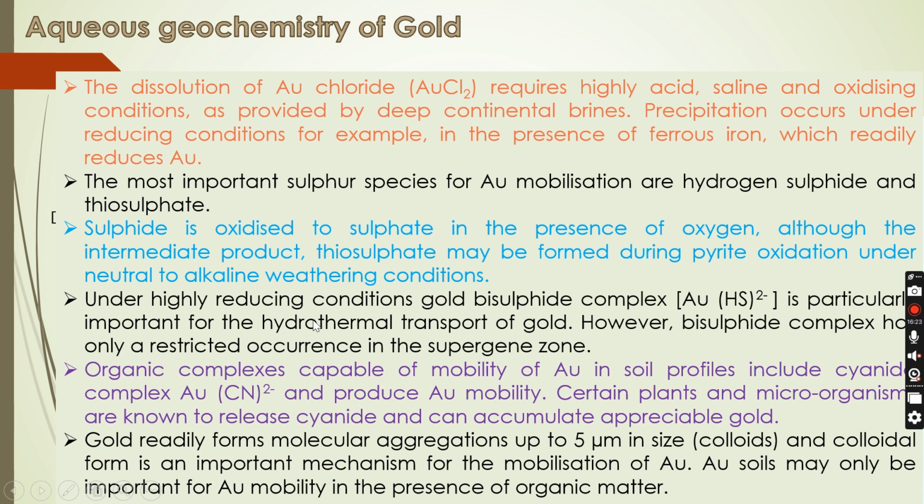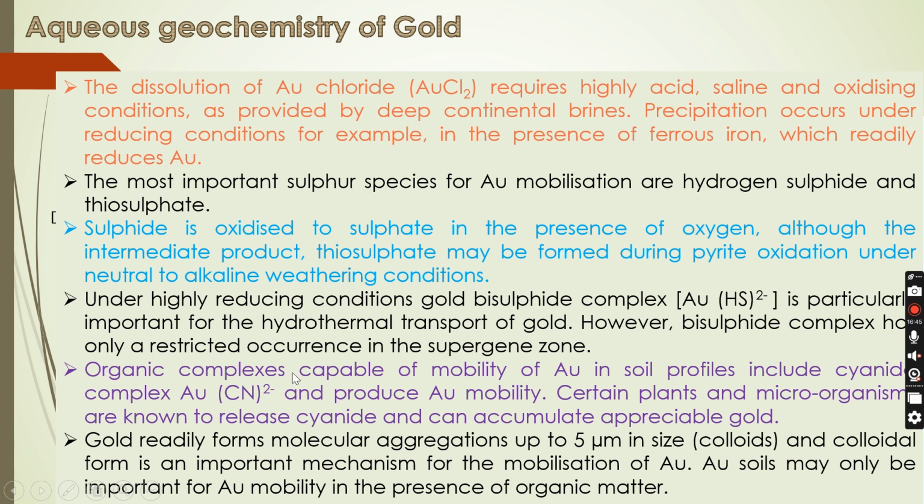Next, under highly reducing conditions, the gold bisulfide complex is particularly important for hydrothermal transport of gold. However, the bisulfide complex is not restricted only to occurrence in the supergene zone.